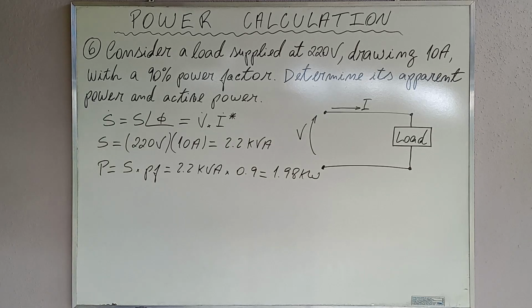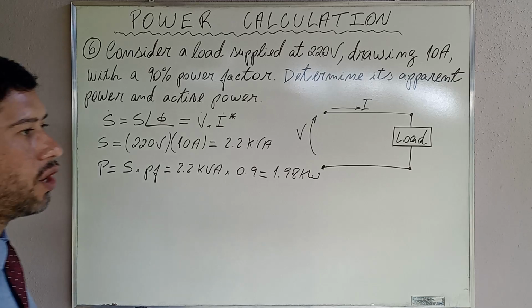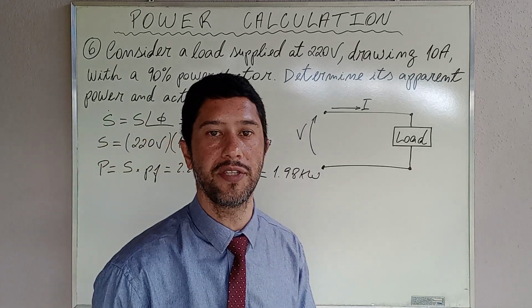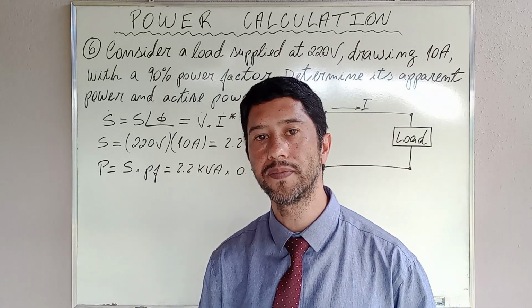And this is all the exercise requested from us. The apparent power and the real or active power. And this is all for the debate of exercise number 6. Let's go to the next.